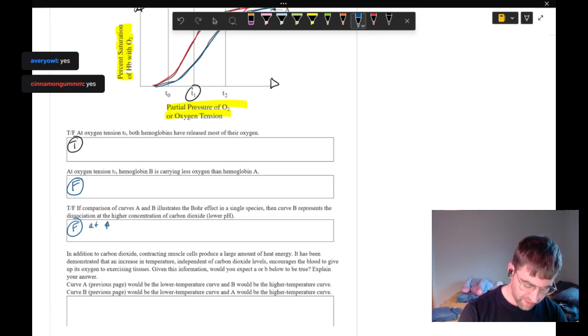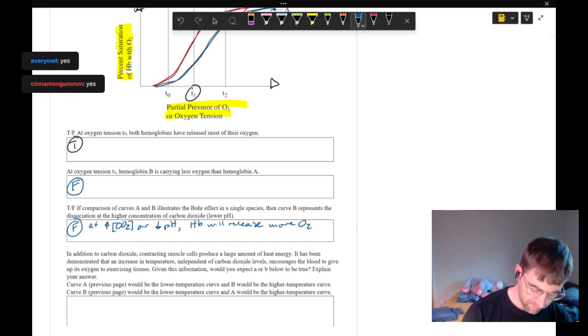So at high CO2 concentrations or low pH, hemoglobin, Hb, will release more oxygen to active tissues.